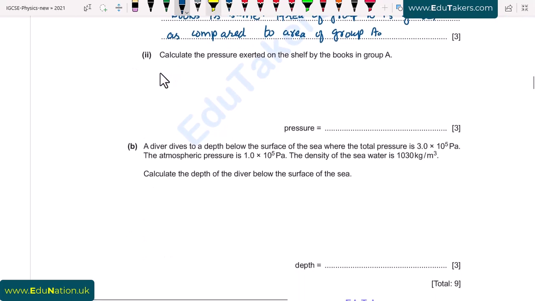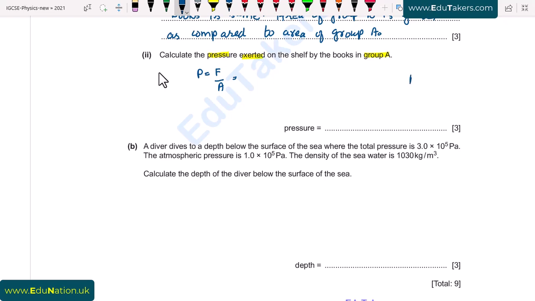Part 2. Calculate the pressure exerted on the shelf by the books in group A. Here we have to calculate pressure, and we know that pressure is equal to force per unit area. For that we have to calculate the force and area.